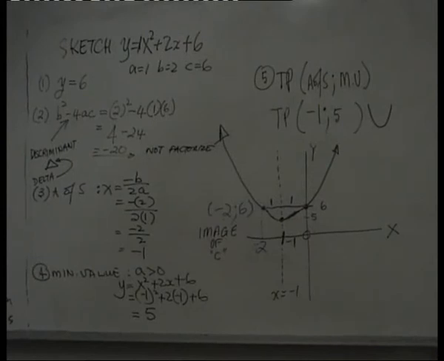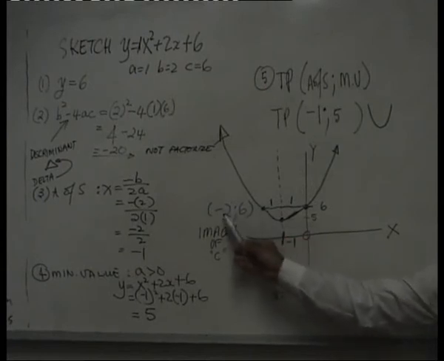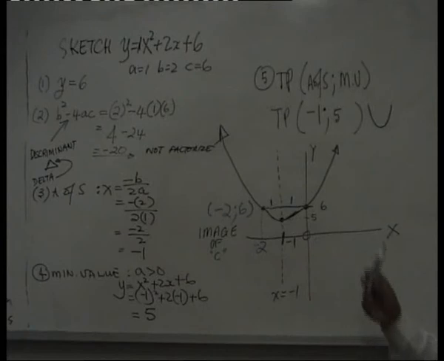So remember always that in line with the y-intercept, if this is 1 unit away, then 1 unit away on that side will bring you to minus 2. So minus 2, 6 is the image of the y-intercept in the line x is equal to minus 1. Remember, you can get a parabola without x-intercepts, and that's what we were showing you in this example.